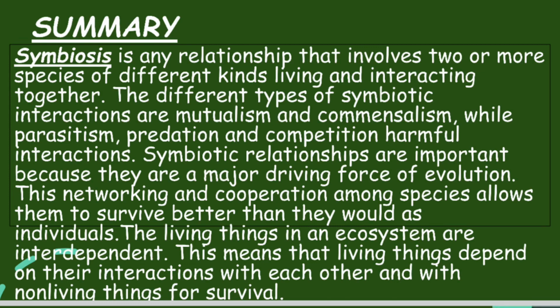This networking and cooperation among species allow them to survive better than they would as individuals. The living things in an ecosystem are interdependent. This means that living things depend on their interaction with each other and with non-living things for survival. And that's all.